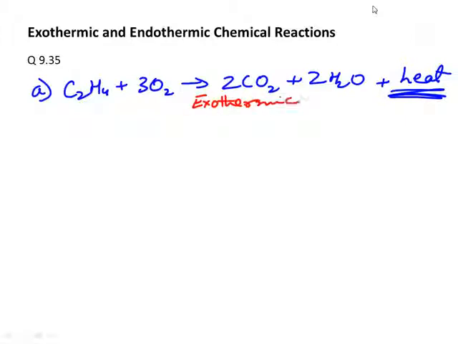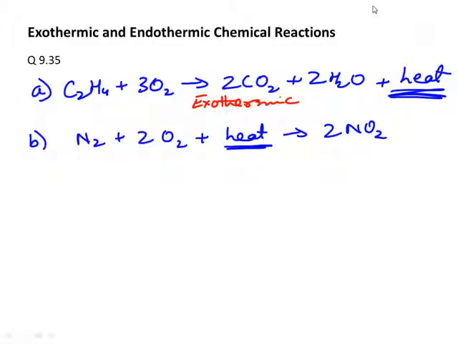Energy was released. B, nitrogen plus 2 O2 plus heat makes. Now this time heat was a reactant. It was consumed. It was used up. And therefore, this is an endothermic process.